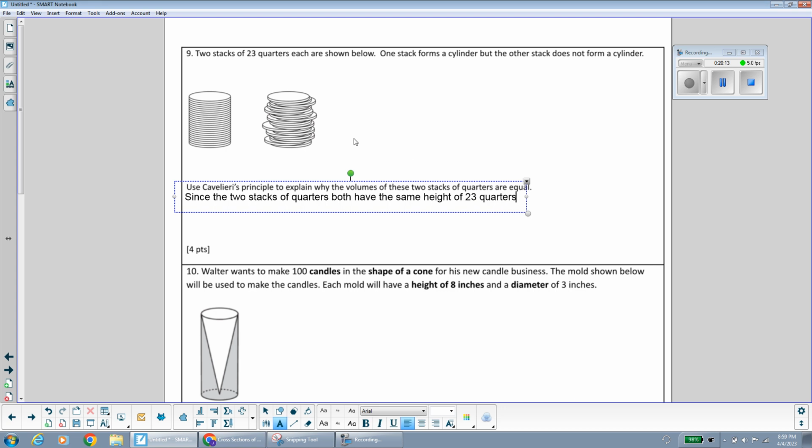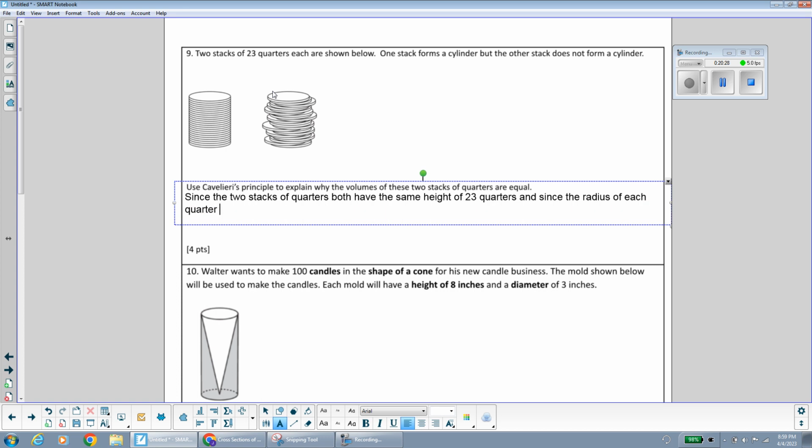I'm mentioning the 23 quarters. And since the radius of each quarter is the same, the base areas will be the same.